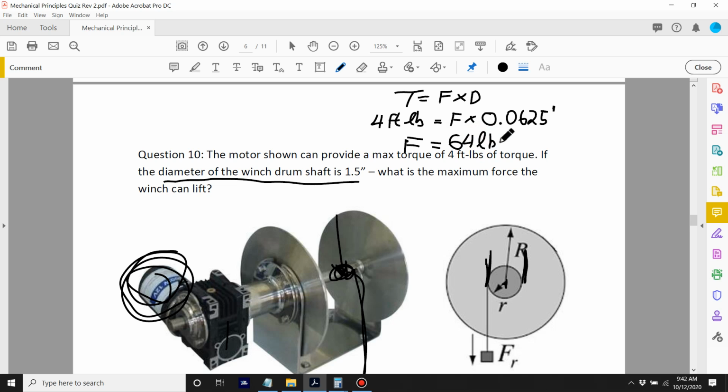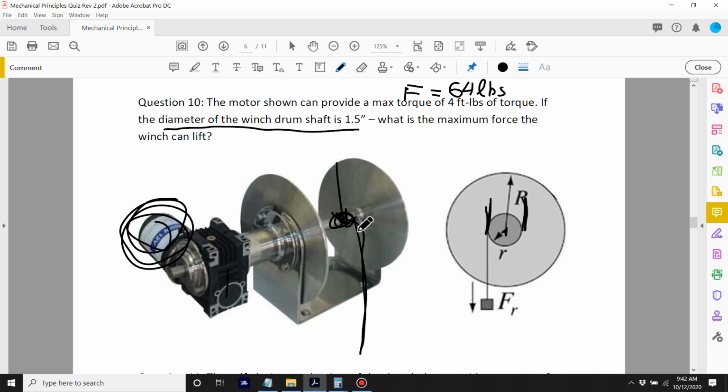pounds. No problem. As the spool goes round and round and round, and that radius gets bigger, you actually find out whenever you have a winch, the motor has to work harder because the drum radius starts to increase as it starts winding around the winch.